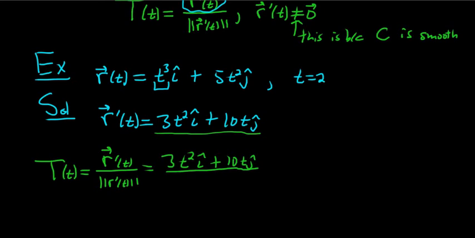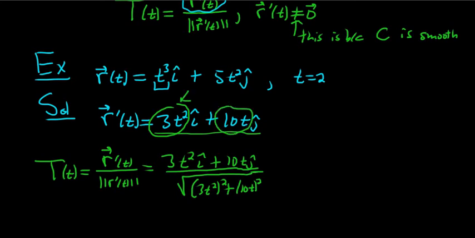The magnitude of this thing would be the square root, and then you square each of these components. Let me show the step. It's 3t squared, squared, plus 10t, squared. You square each component and take the square root. That's what the magnitude is.